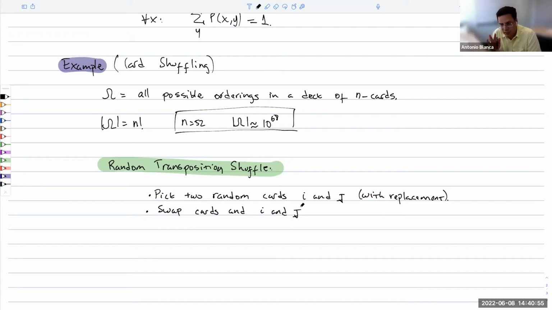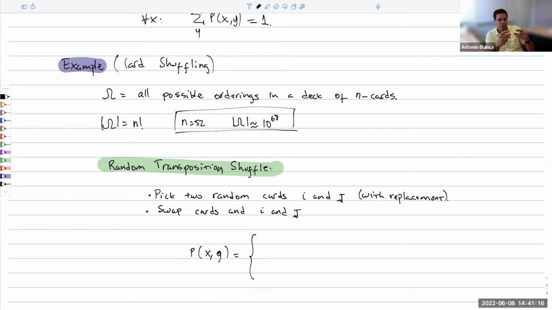The state space is the set of all possible orderings. We can write the transition matrix. This is kind of a simple exercise. The probability of going from X to Y, where X and Y are two different orderings.